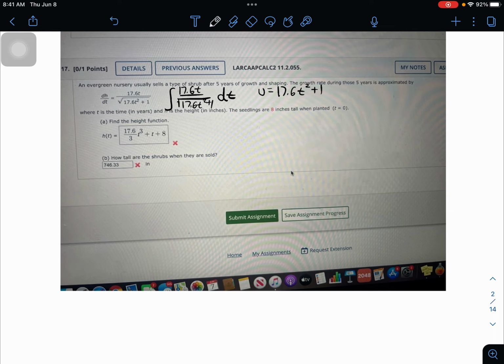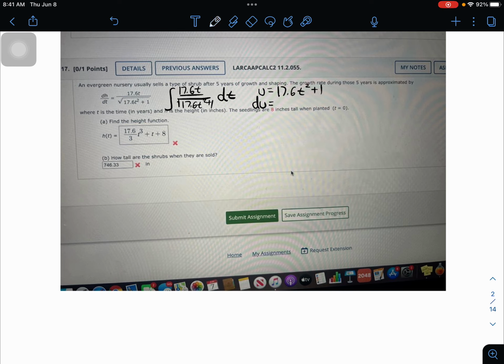And just like in the last video, I'm going to take the derivative of that function. The derivative of 17.6t squared plus 1. Remember from a few weeks ago, when you're taking the derivative, you take this and you bring it to the front, so it's going to be 2 times that, and then you subtract 1 from your exponent.